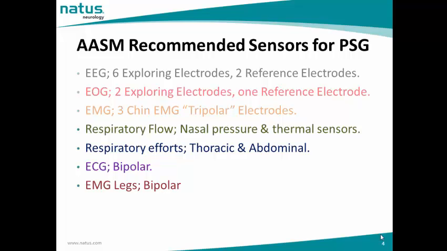We need both the nasal pressure and the thermal sensors, respiratory efforts, and here we need both the thoracic and the abdominal, bipolar ECG, and bipolar EMG for both legs.